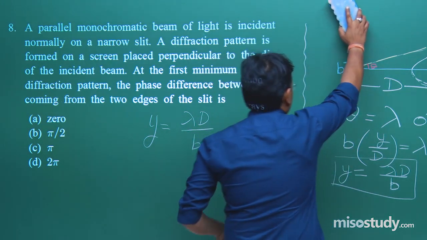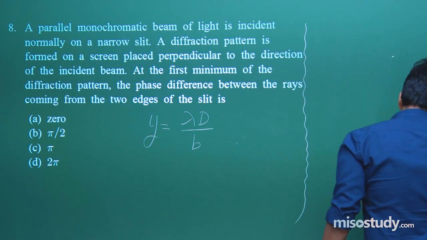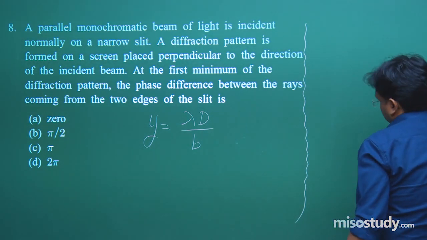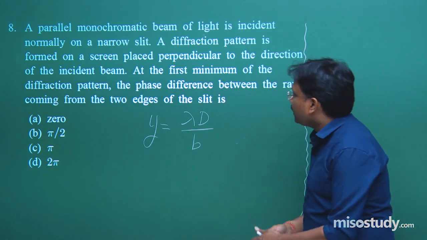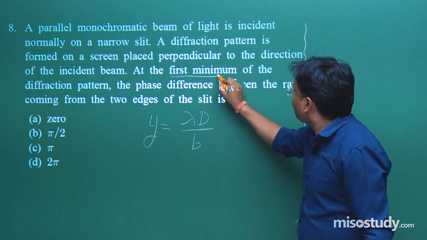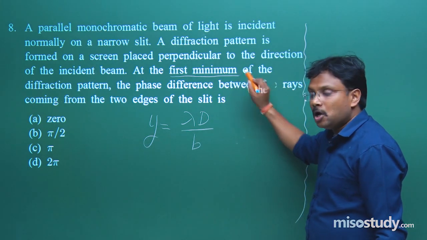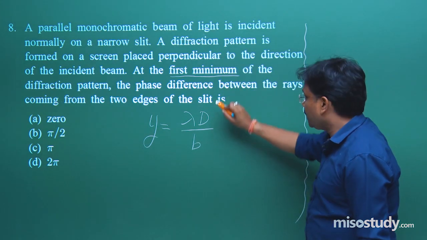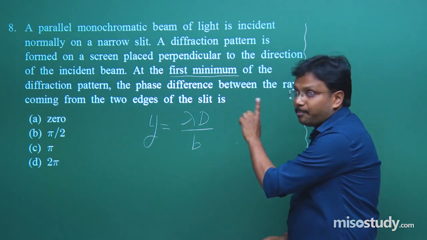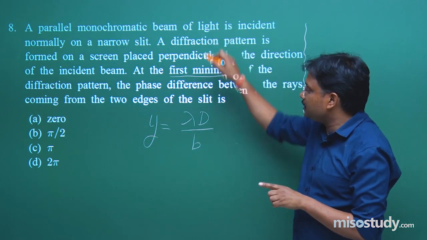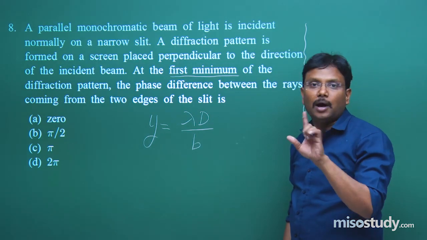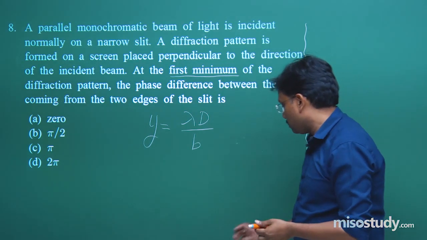Now, remaining portion, what is the condition? First minima. So now we will move keeping in mind this instruction. That is very important. If you are not reading these types of things in the question, definitely you are not going to attempt this question correctly.